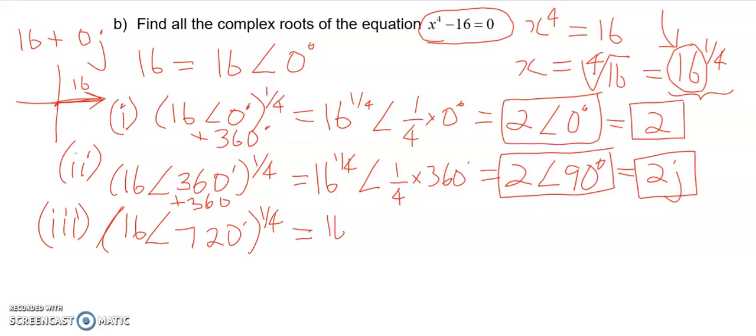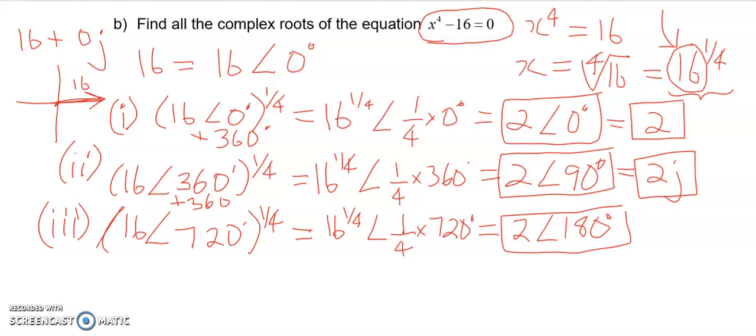So again, 16 to the 1 over 4, which is 2, angle symbol, 1 over 4 multiplied by 720. So that will become 2 angle, and 1 over 4 times 720, I do believe, is 180 degrees. So there is the third root in polar form.